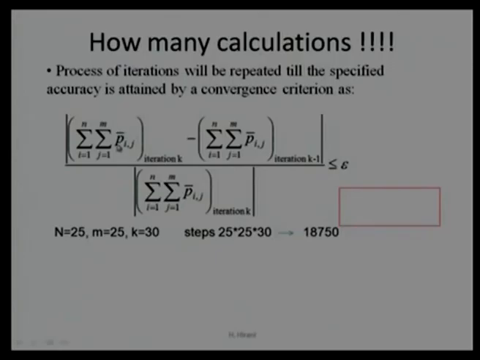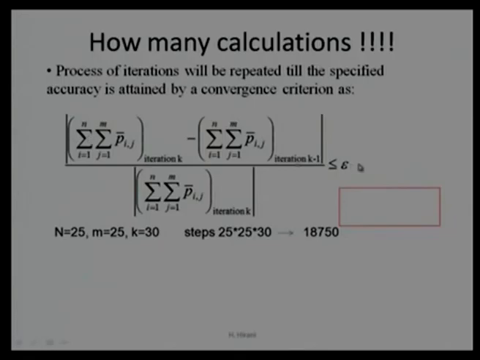What is the meaning of this? We say that all the nodal pressures we are summing up. What is the value of all the nodal pressures for iteration k, which is the present iteration, and this is the previous iteration, and divide by the summation of absolute values.